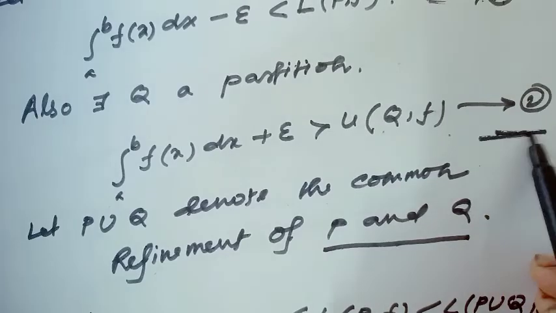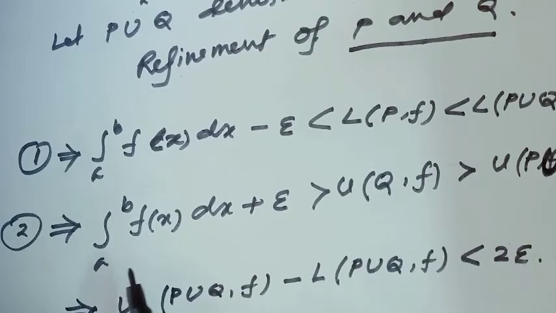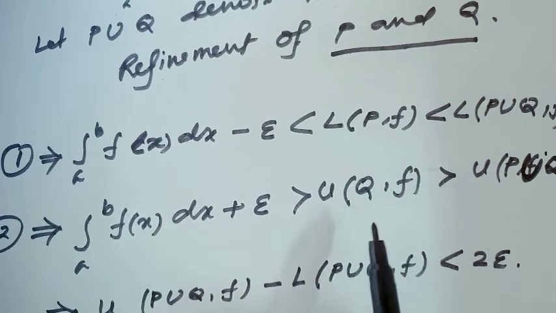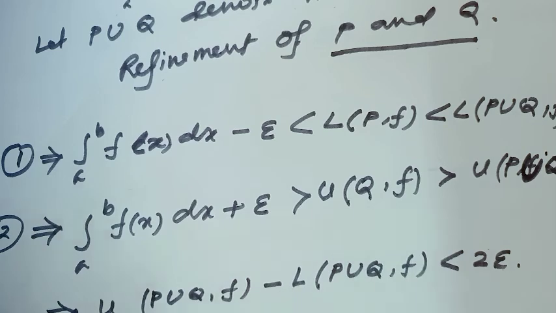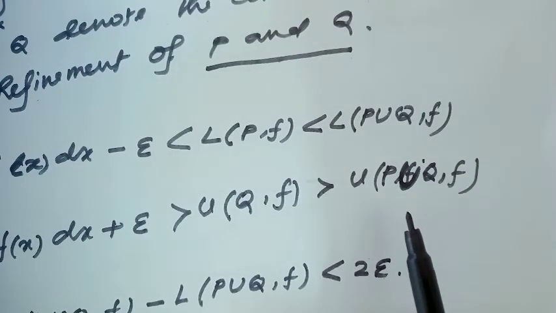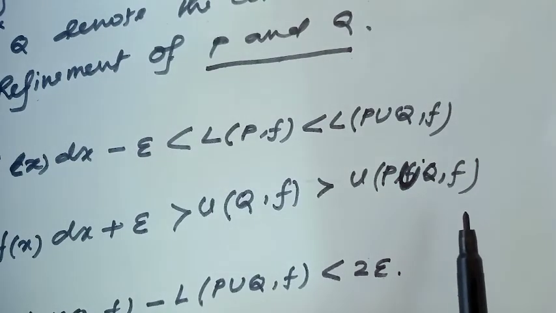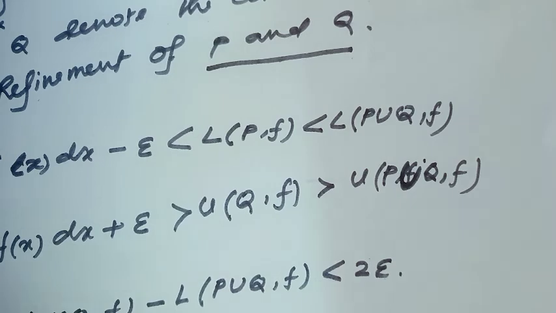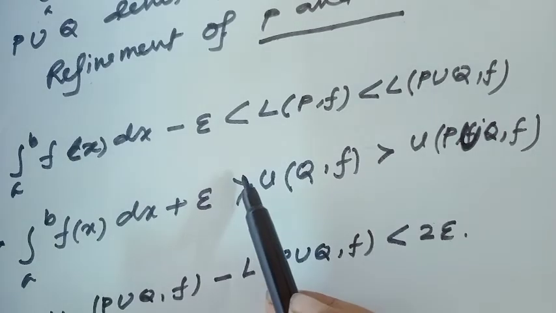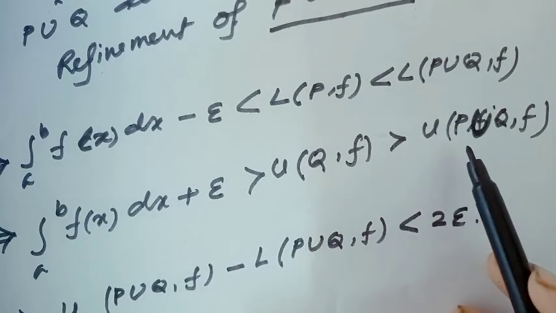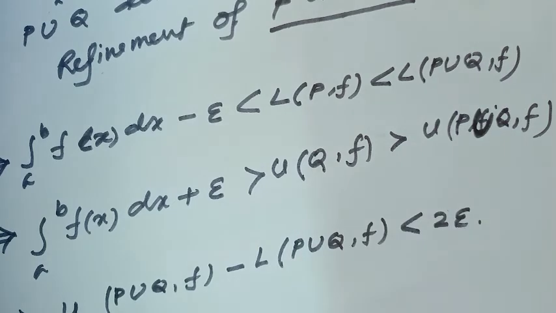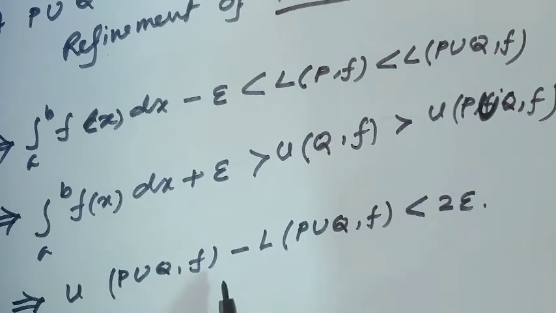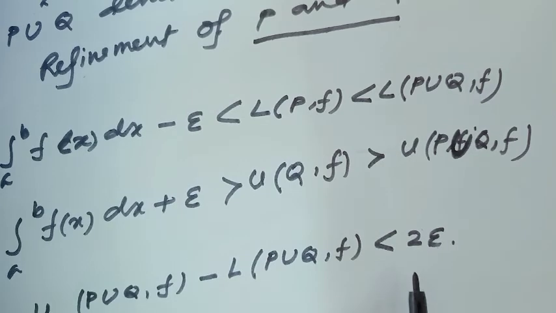And from 2 it implies integral a to b f(x) dx plus epsilon is greater than U(Q, f), which is also greater than U(P union Q, f). And from these two lines, we can easily write U(P union Q, f) minus L(P union Q, f) is less than 2 epsilon.